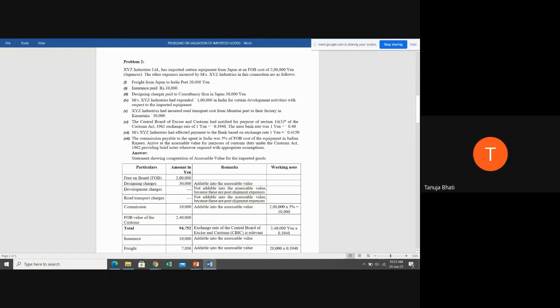Okay, very good. Next, designing charges. Designing charges paid to a consultancy firm in Japan, that is 30,000 yen. Now see, all these expenses are incurred by XYZ Industries, so XYZ Industries is paying designing charges to a consultancy firm in Japan.